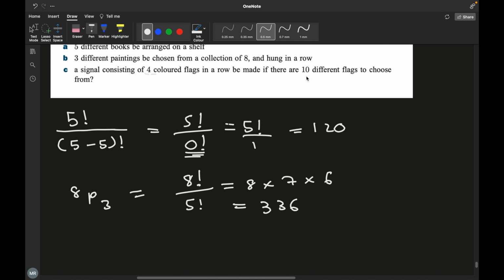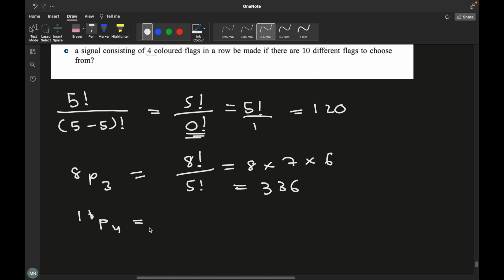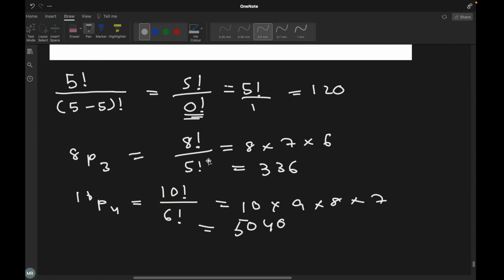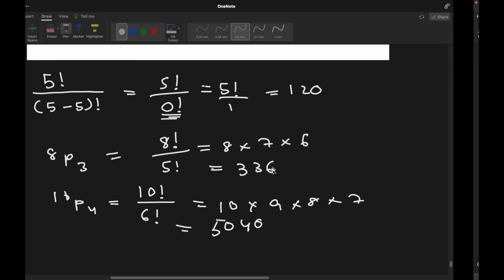A signal consisting of 4 colored flags in a row is to be made if there are 10 different flags to choose from. It's going to be 10P4. It's going to be 10 factorial divided by 6 factorial. It's 10 into 9 into 8 into 7, which is 5,040. Let's check the answer. 120, yeah, and yeah.